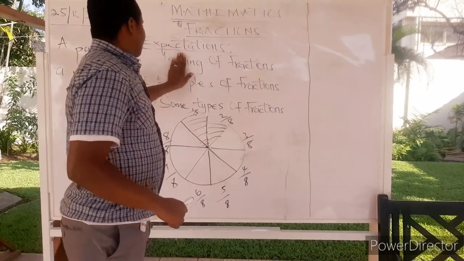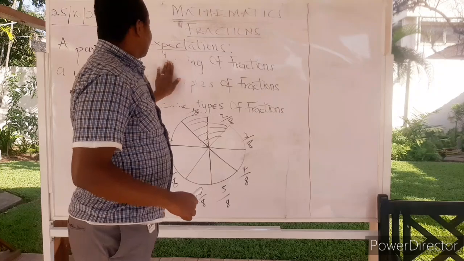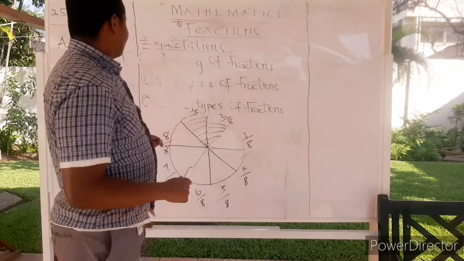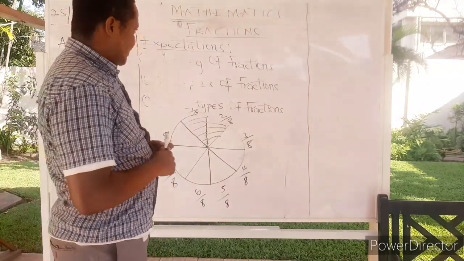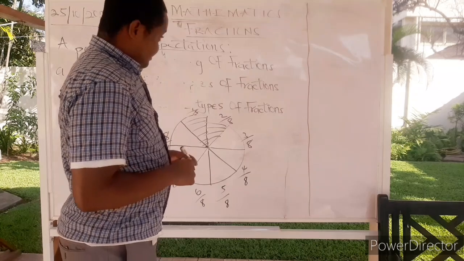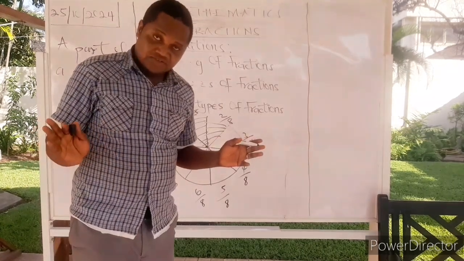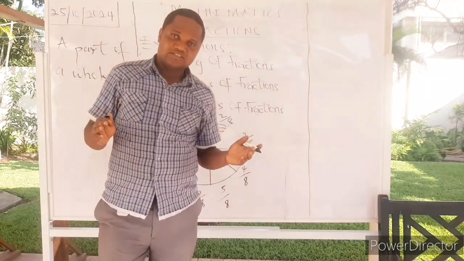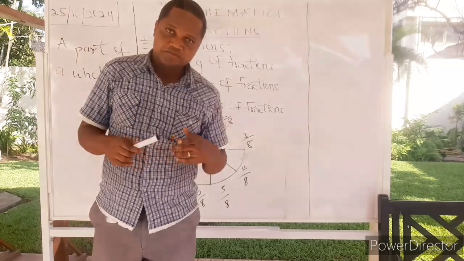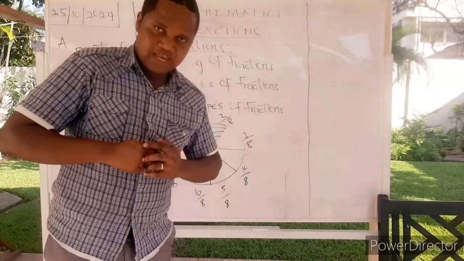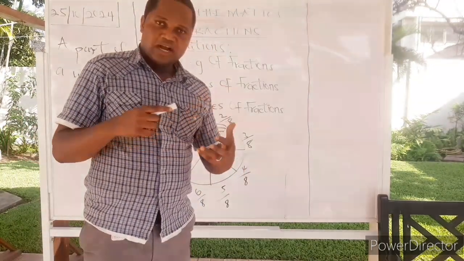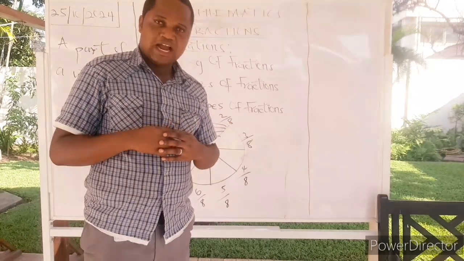Now, we are looking at the types of fractions. We have several types of fractions, students, but I will just give you a few of them. And when next we meet, you will come up with more types.